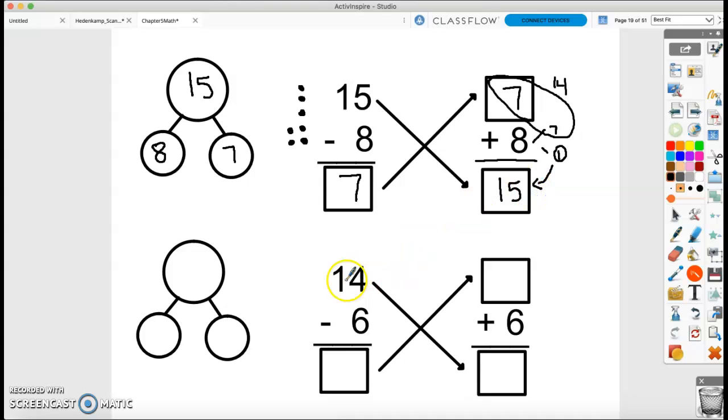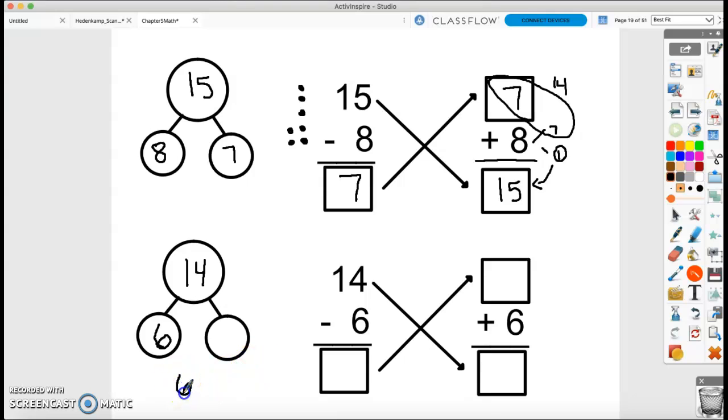Awesome. Here we go. 14 minus 6. So I know 14 is my whole because I'm subtracting from that. I can't have any more. 6 is one of my parts. So I need to figure out my other part. Okay? So I'm going to start at 6 and get up to 14. But I'm going to do that in a different way.